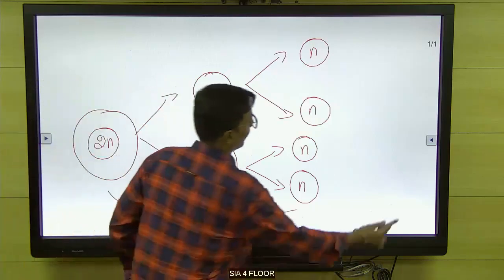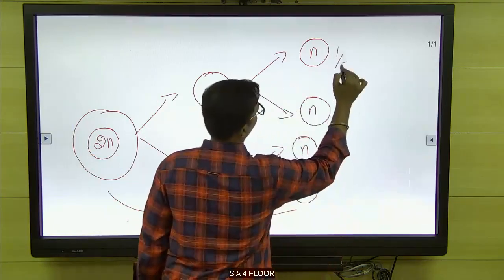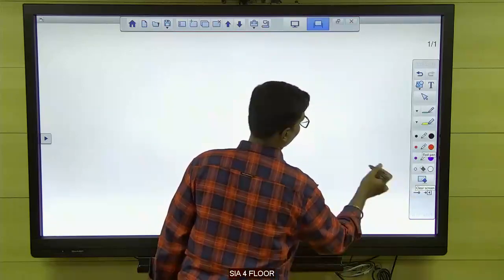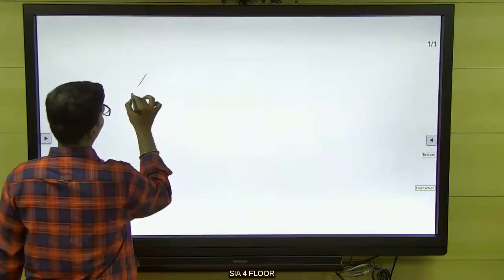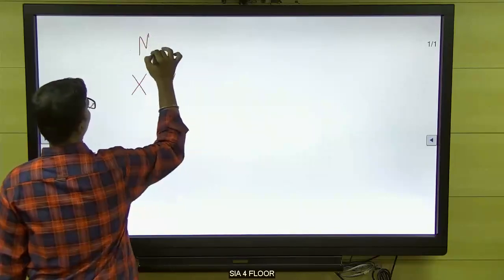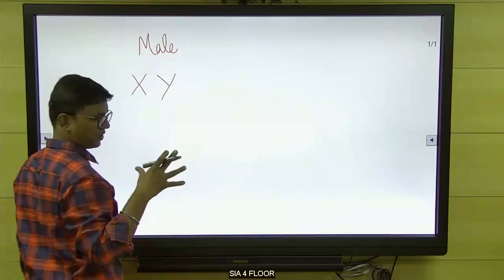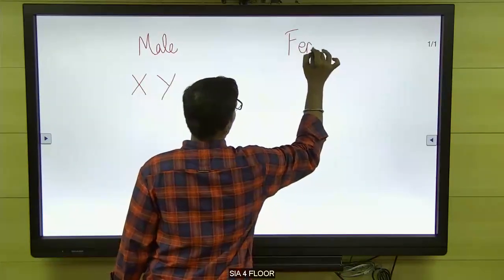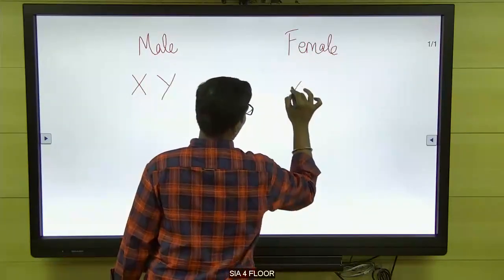Now, most important thing, I told you haploid cells are created. The sex chromosomes are generally described this way. Male have XY chromosomes, based on size and shape, whereas female have XX chromosomes.